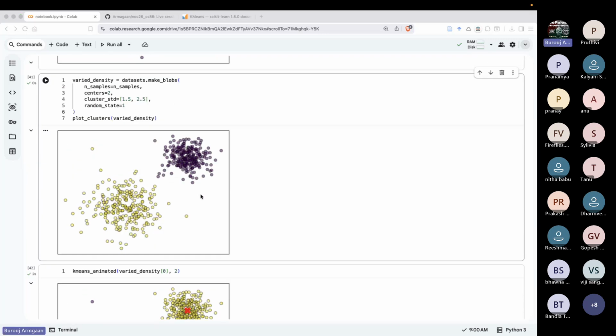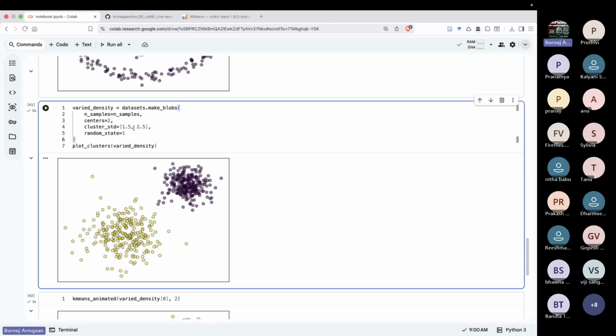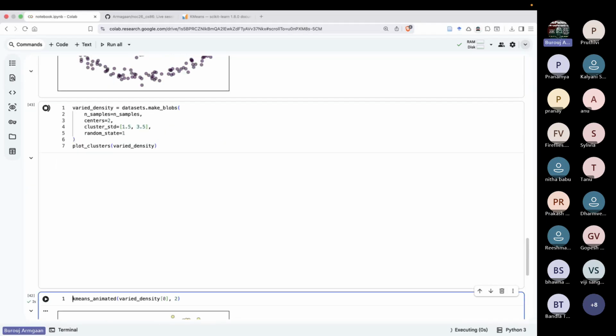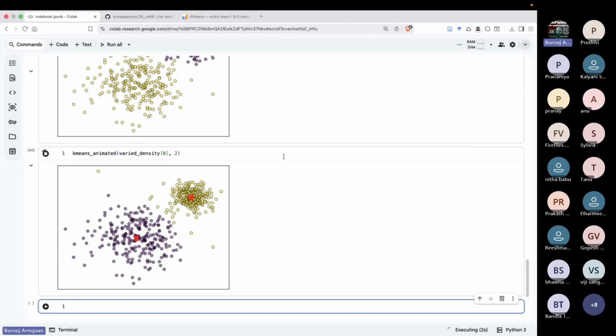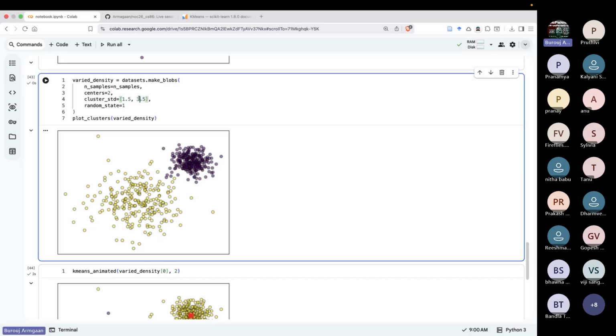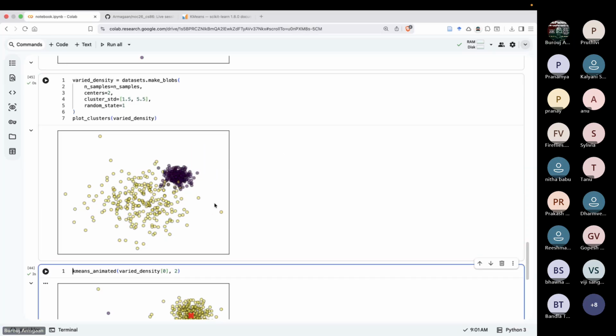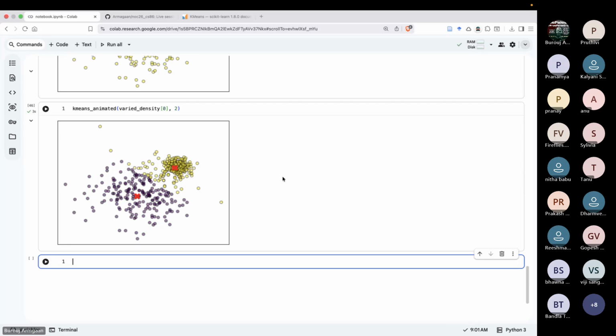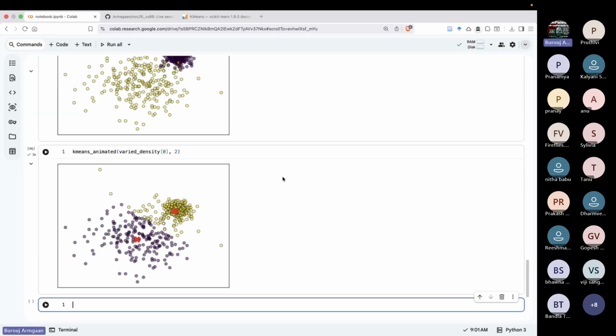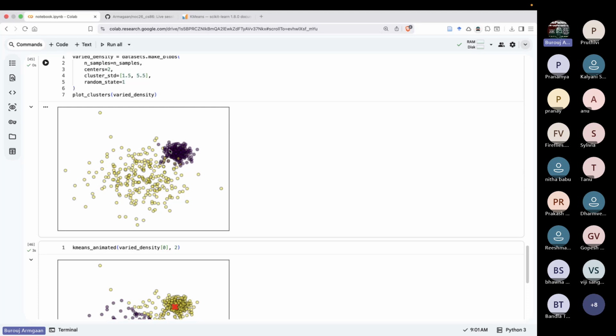Maybe let me increase this one further. Yeah, maybe this one would be a better example. In this case, we see that the purple points are very tightly clustered, but the yellow points are scattered, and we expect that k-means should be able to find this.